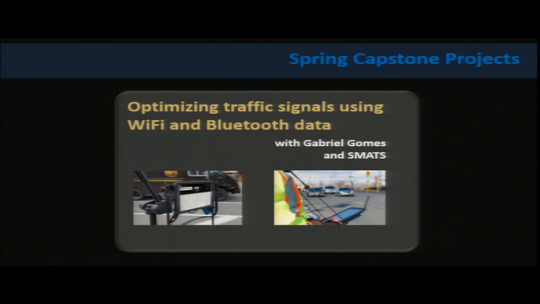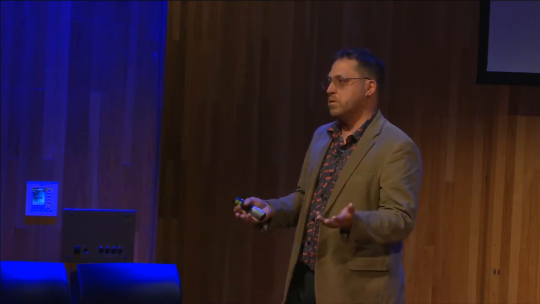Optimizing traffic signals using Wi-Fi and Bluetooth data. We're teaming up with a company called SMATS. They're out of Canada. And they are going to provide us with some sensors that they've developed. These sensors, basically you can stand by the road and you can detect vehicles as they go by where there's a Wi-Fi or a Bluetooth-enabled device in the vehicle.